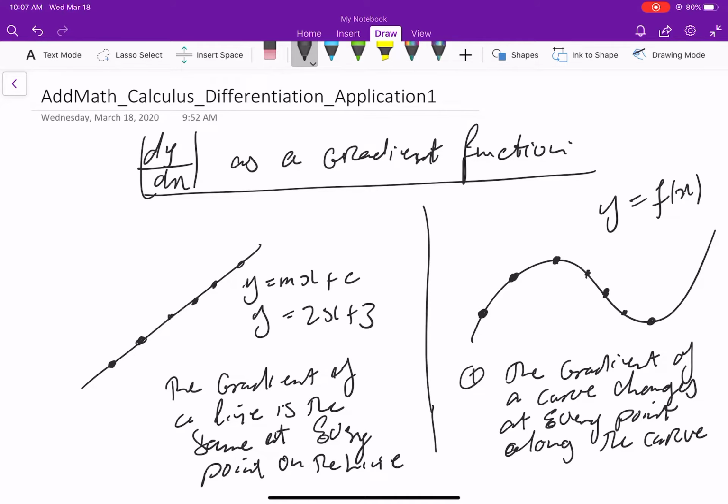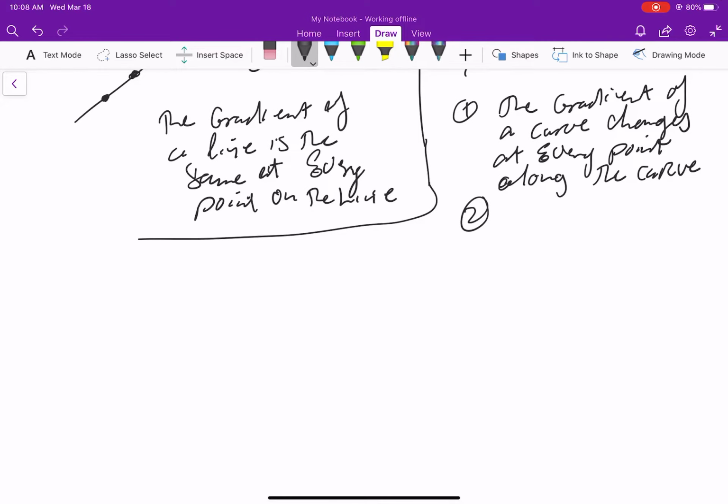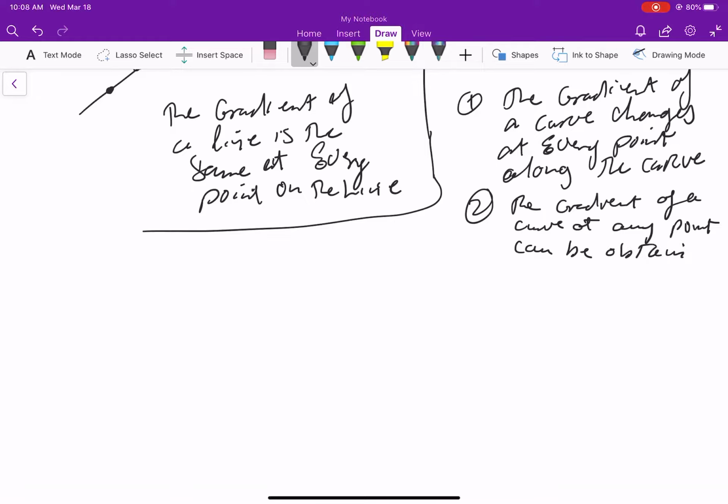The second important point is that the gradient of a curve can be obtained from the gradient function, dy dx. In fact, that's one of the reasons you call it a gradient function.